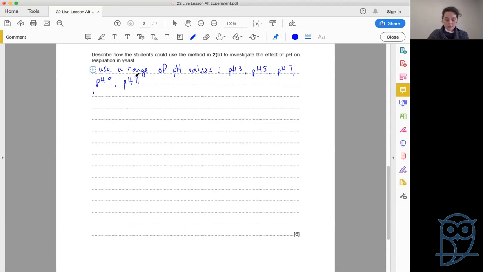Right, so once that's sorted, we need to ensure that things are controlled. So we're going to be a little bit more controlling from the beginning here.